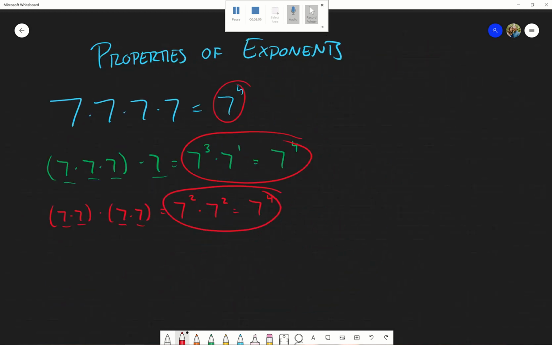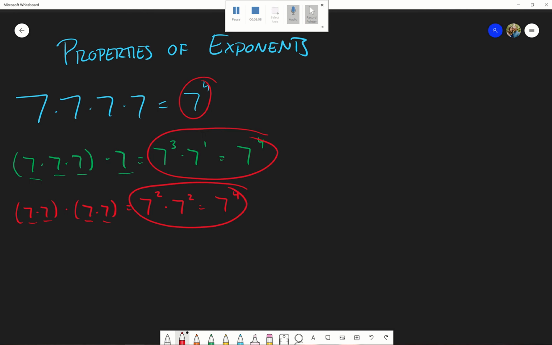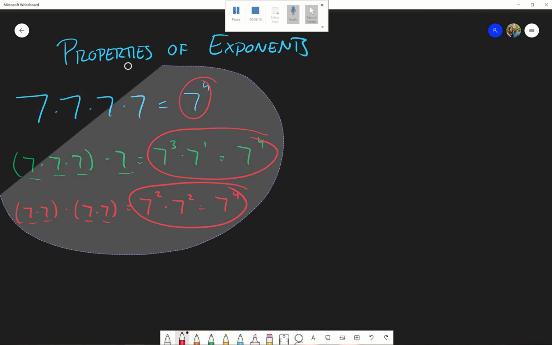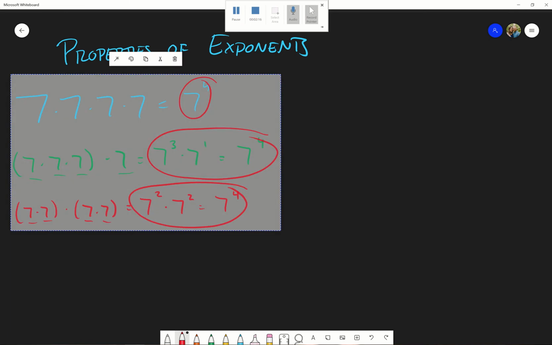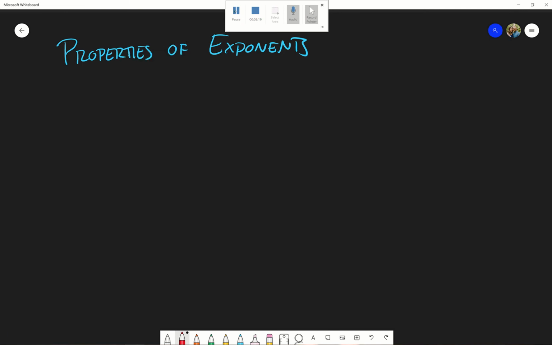One of those properties we're going to deal with is multiplying powers with the same base. So one thing we're going to talk about is multiplying powers with the same base.